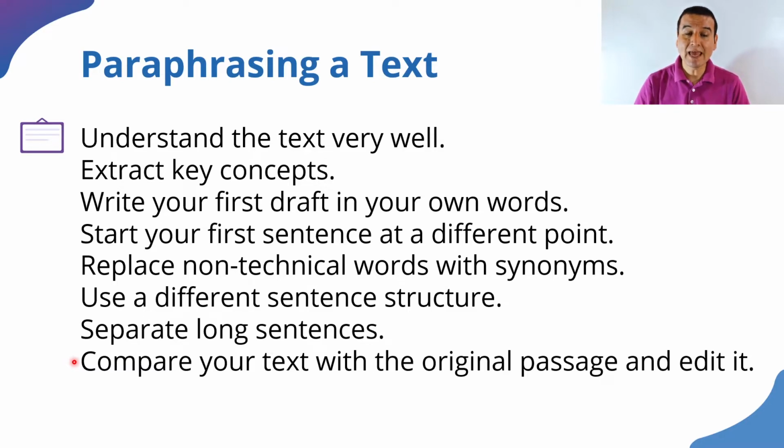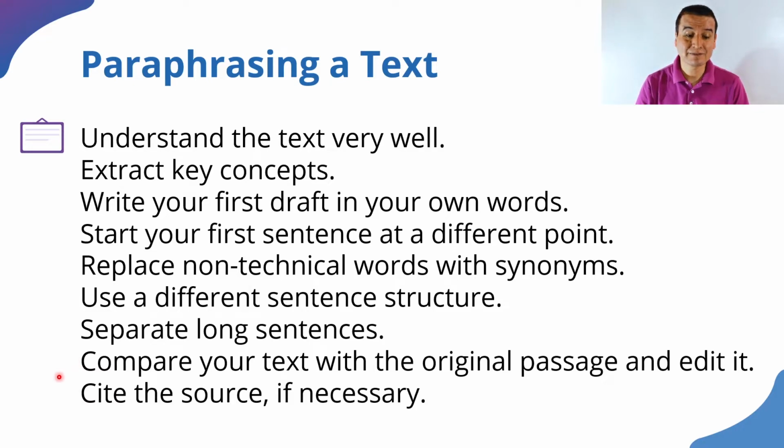All right? And if it is necessary, if it is a formal writing that you are making, you can use some sources, and you have to cite them if that is necessary. If we're just doing some simple activity in the classroom with some information that we are using, not referencing, not getting it from somewhere else, we don't need to reference it. But if it is necessary, you have to cite it.